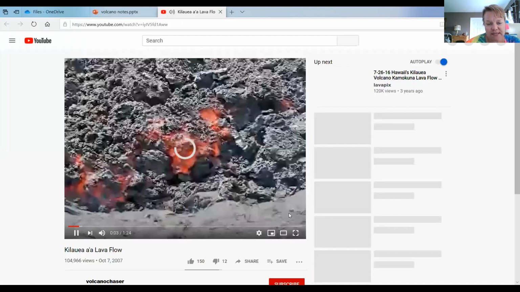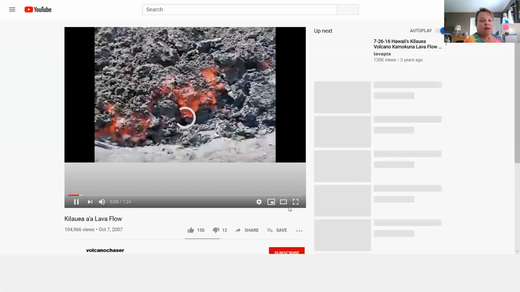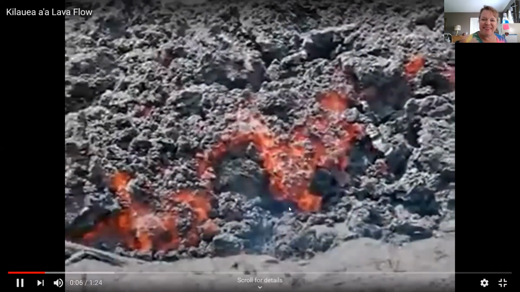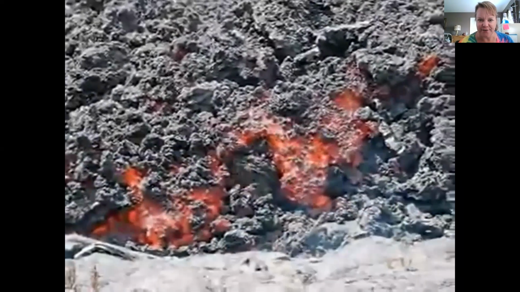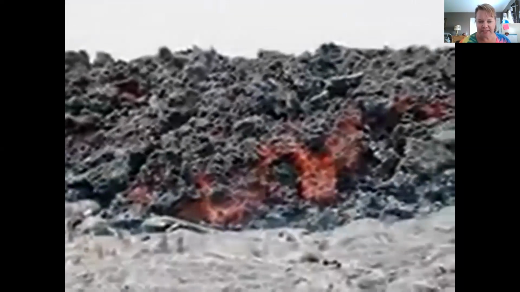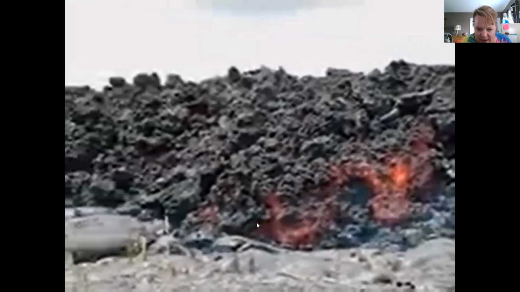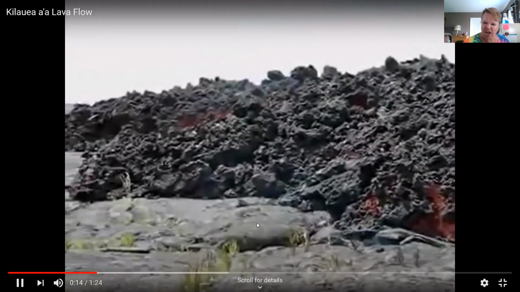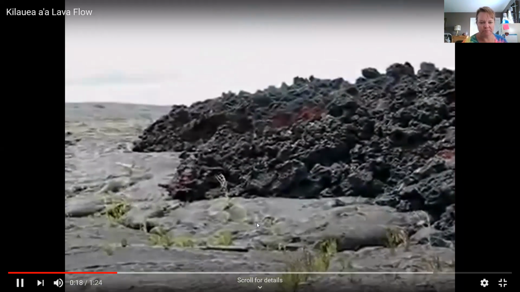So this is Kilauea. You guys studied a little bit about Kilauea. You can see, and I think that's why they call it clinker. If you listen, it kind of clinks. But this would be a'a lava, and you can see that under part that's still red is just tearing that top hardened part into sharp pieces.